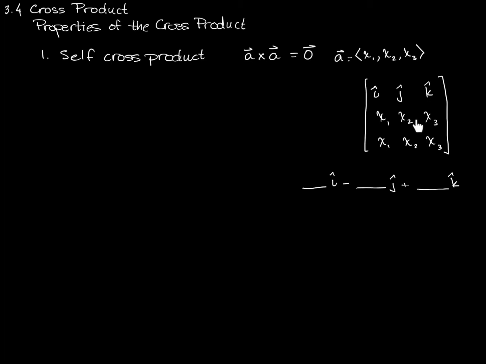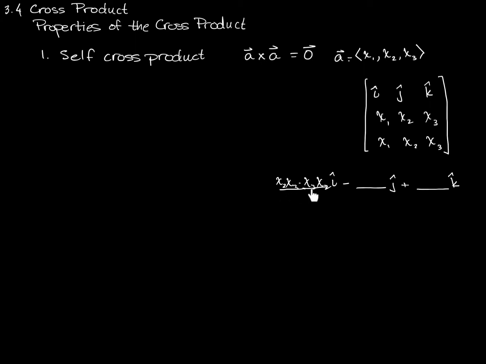And the determinant that I'm going to get here for this mini matrix is x2, x3 minus x3, x2. I really have got to start leaving myself more room. x2, x3 minus x3, x2.